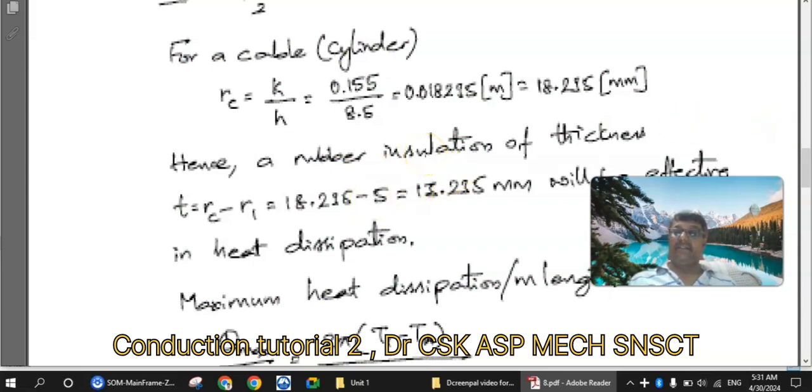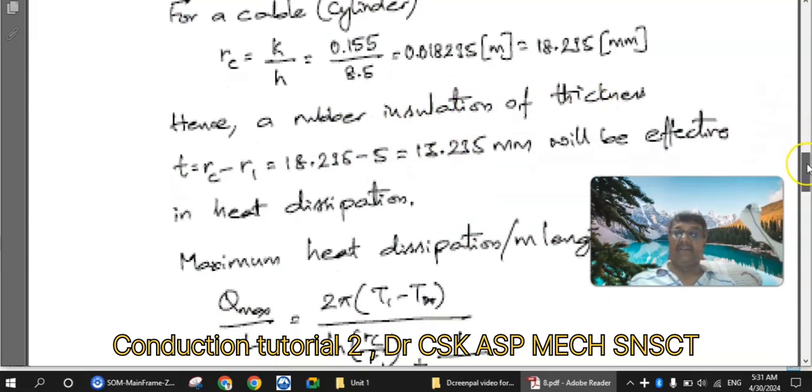Hence, the rubber insulation thickness t equals rc minus r1, which is 18.235 minus 5, where r1 is given as 5. So 13.235 mm will be effective, because we have already seen the criterion. Here 13.235 millimeter will be effective in heat dissipation.